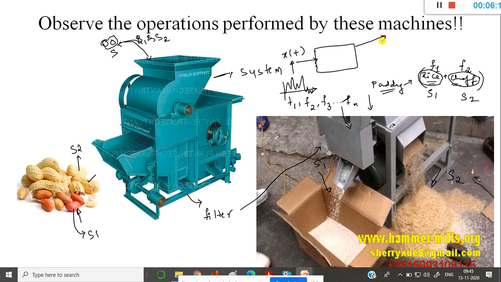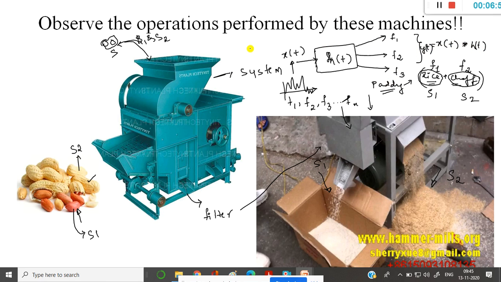Now I want to analyze the individual frequency components. I want to separate the f1 frequency, the f2 frequency component, the f3 frequency component. What should I do? I need a system, which I call h of t. What is the operation performed in the time domain? It is convolution.